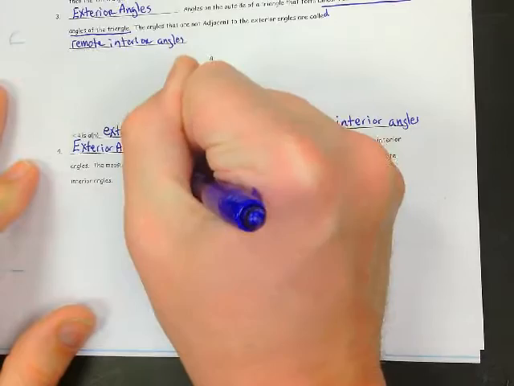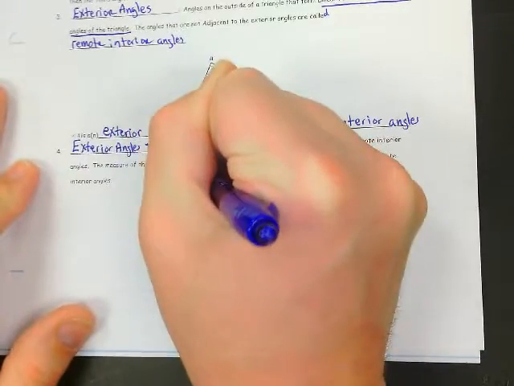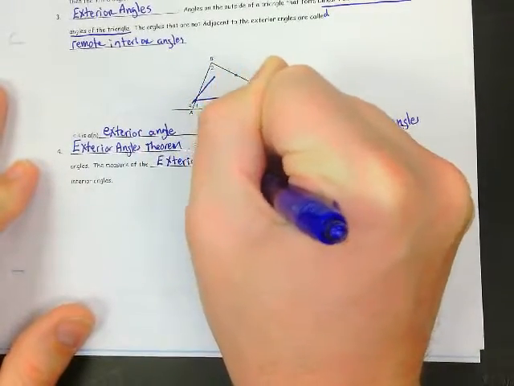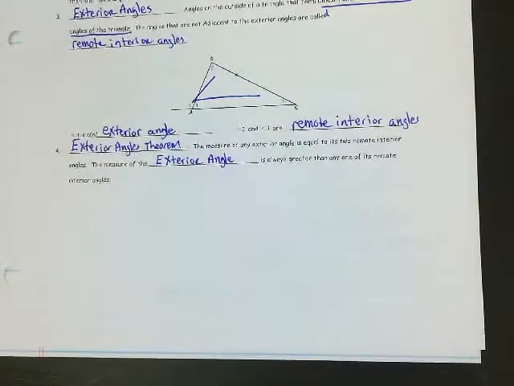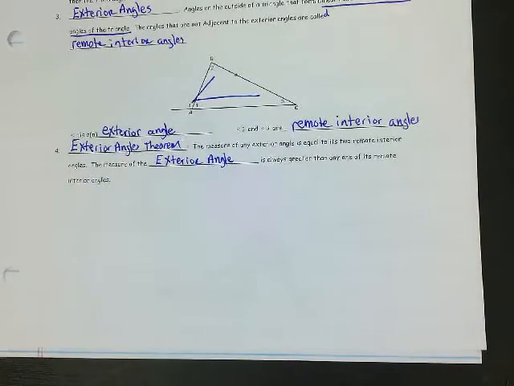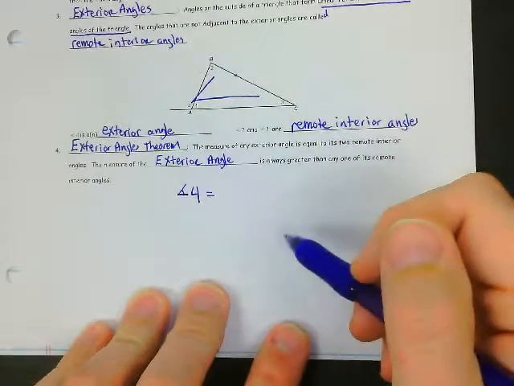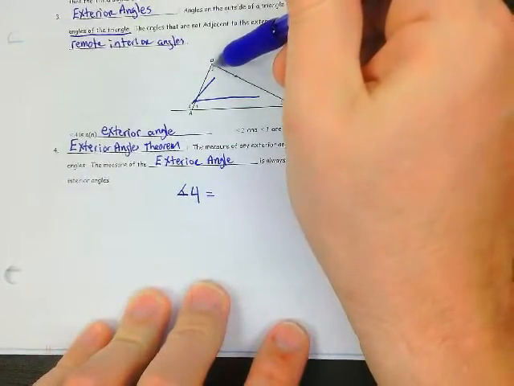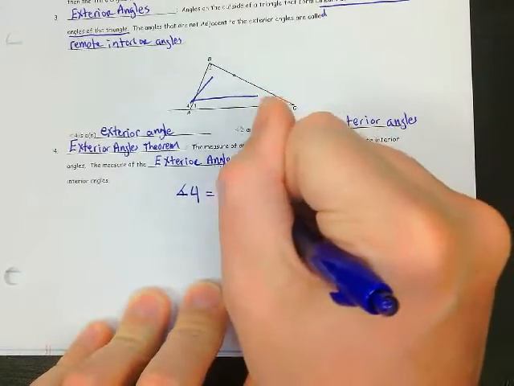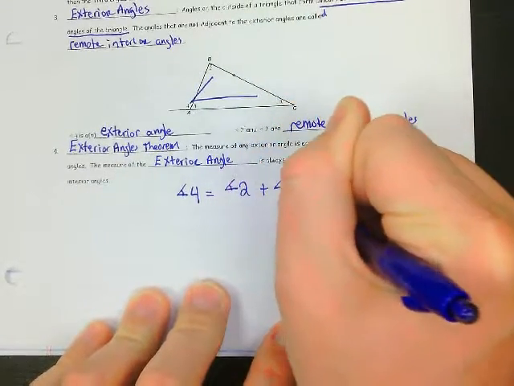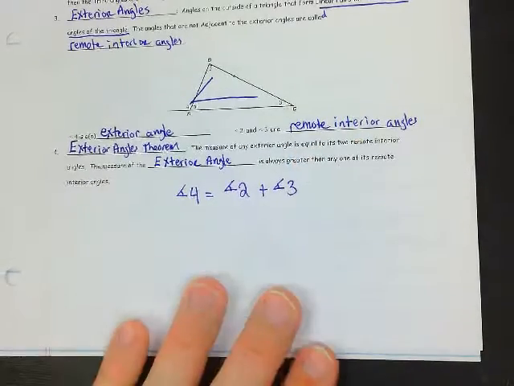Now, the other part of this, the exterior angle, is always greater than any one of its remote interior angles. Okay? So essentially what I'm saying here is this angle 4 is equal to these 2 remote interior angles, 2 and 3, angle 2 plus angle 3 together.